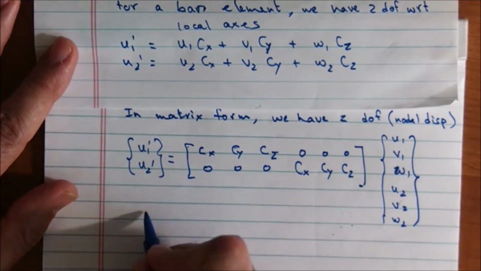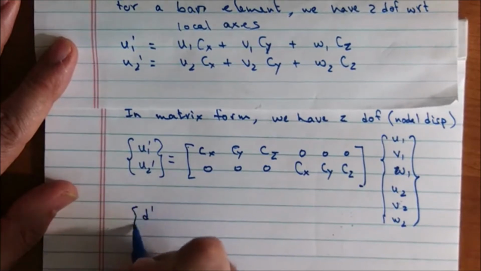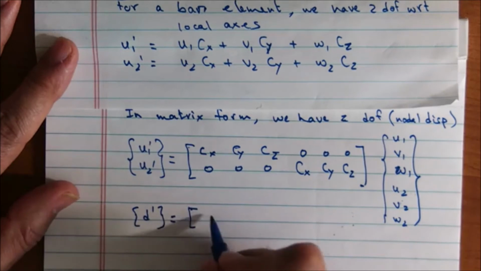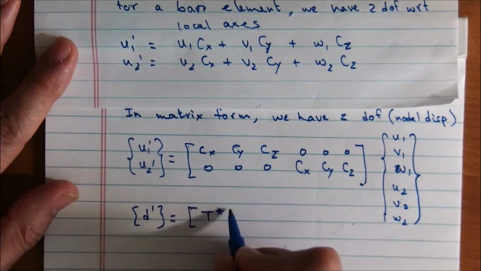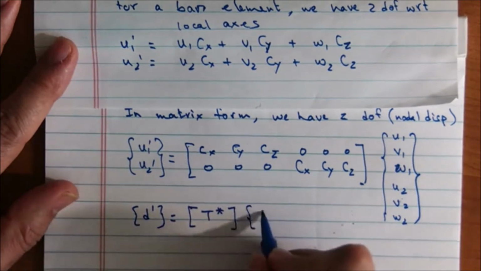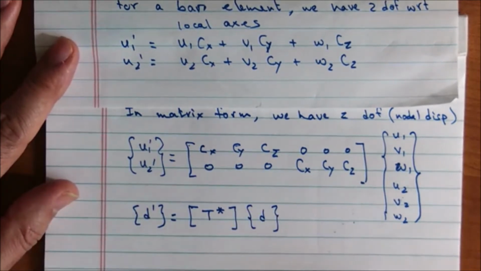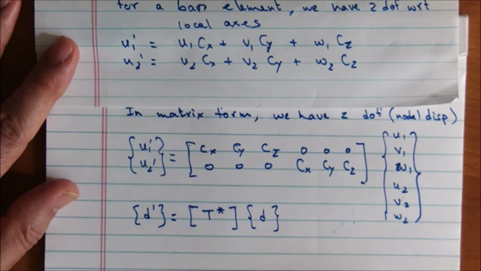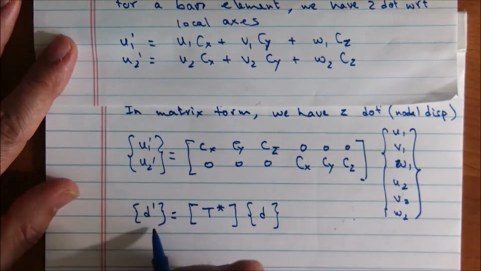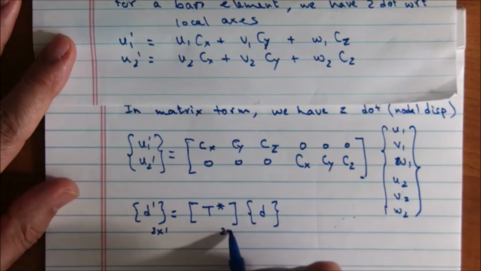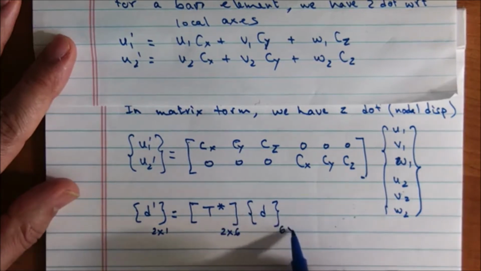We can simplify that to say the D prime matrix, displacement with local axis, is equal to this transformation matrix T star multiplied by D, the nodal displacement with respect to the global coordinates. Please note that D prime here is a 2 by 1, T is a 2 by 6, and D is a 6 by 1.